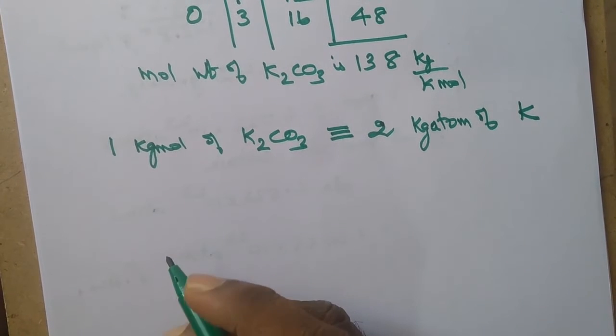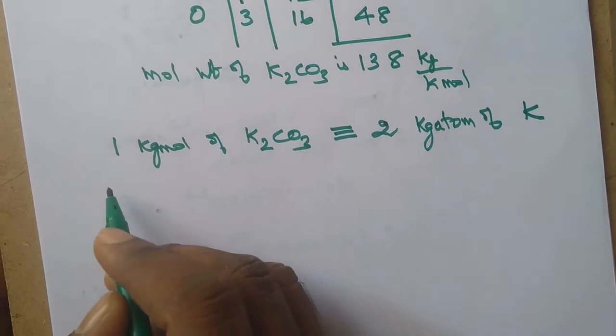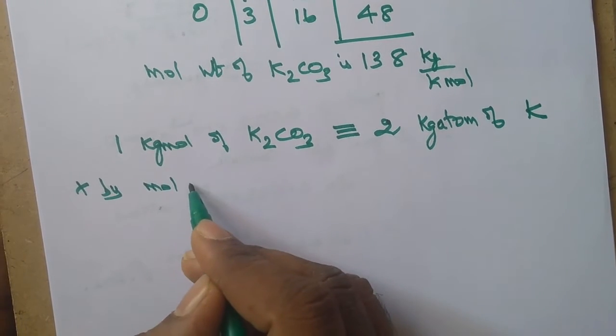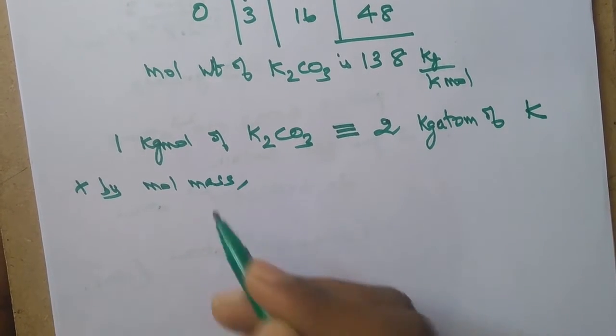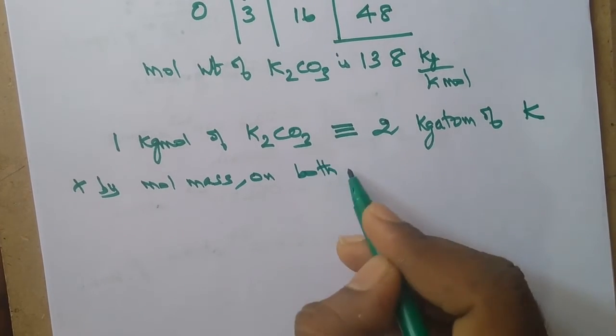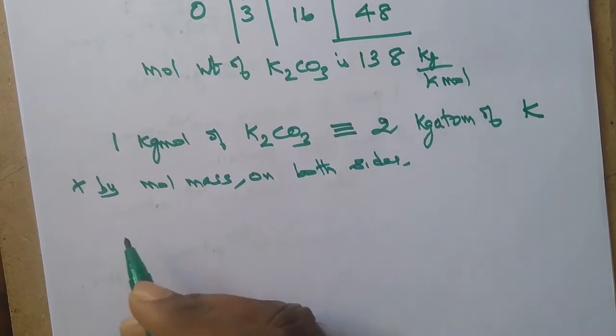We are going to multiply by molecular weights on each side, so the respective molecular mass or atomic mass. On the left hand side we multiply by 138, right? So multiplying by molecular mass on both sides respectively.